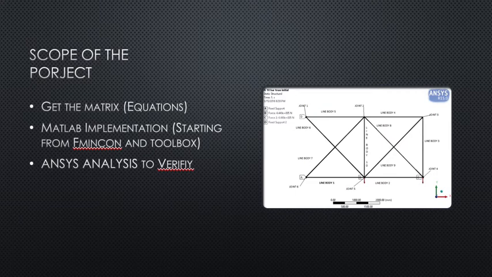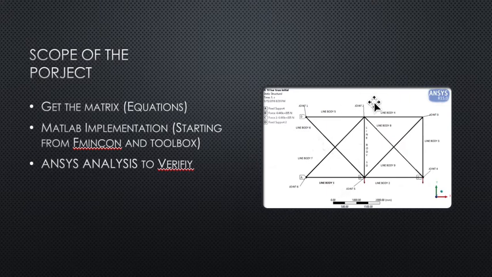So the scope of the project is to get a matrix using the equations that I just covered, and then implement the MATLAB coding starting from the admin column we just used in the homework we are going to submit today, and then I will use the ANSYS analysis to verify whether the structure is failing or whether the displacement is still in the range.